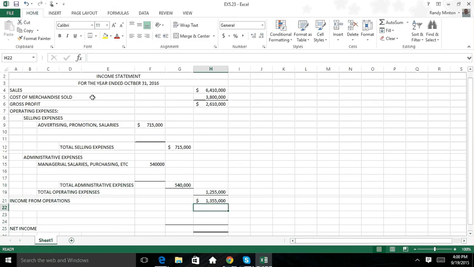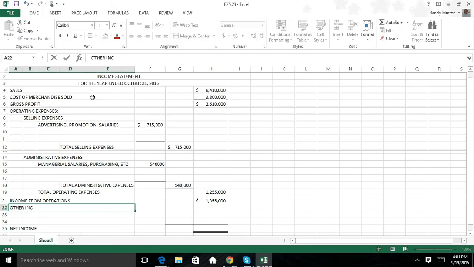Remember, I told you that we actually have some interest expenses here. So if you take a look at one of these multiple stage income statements, you'll see that you have a group called Other Income and Expenses.